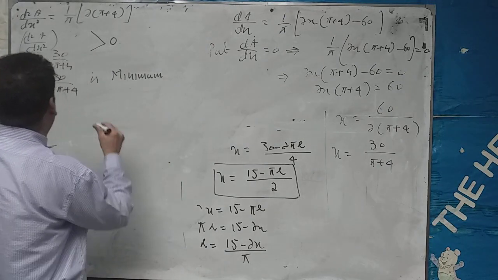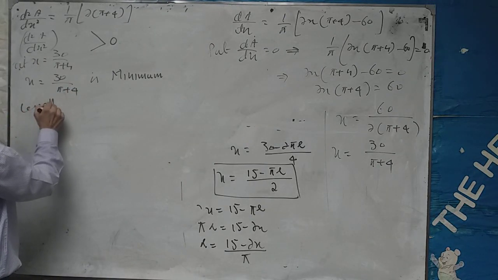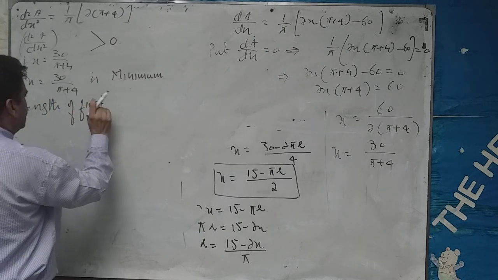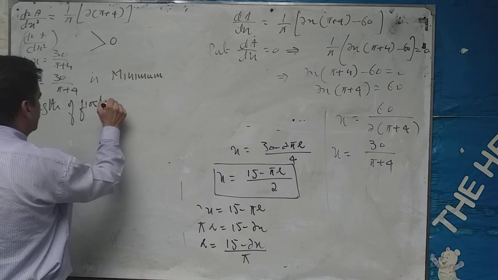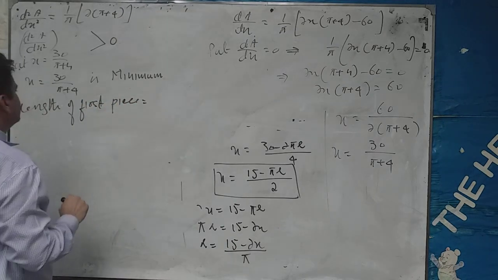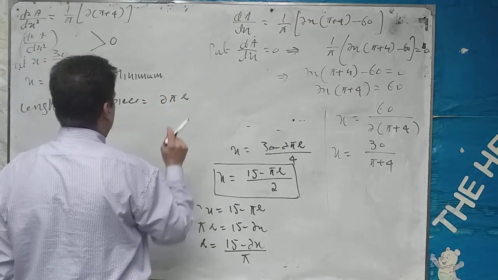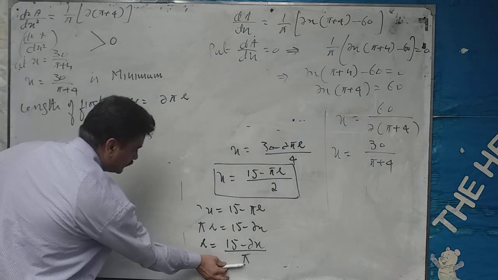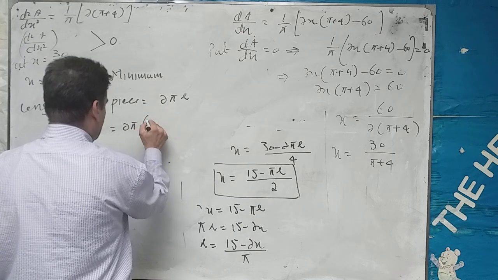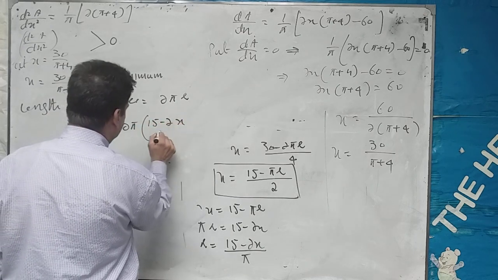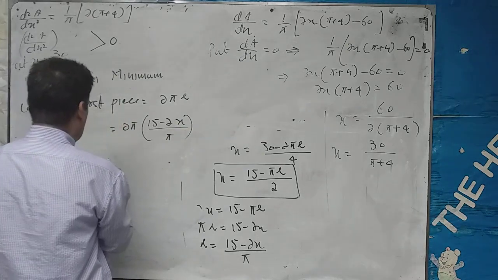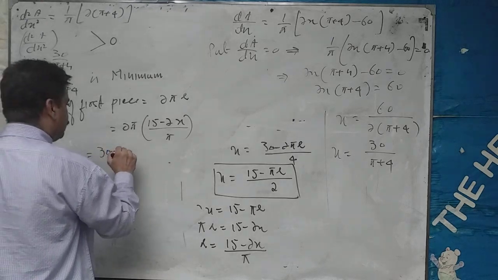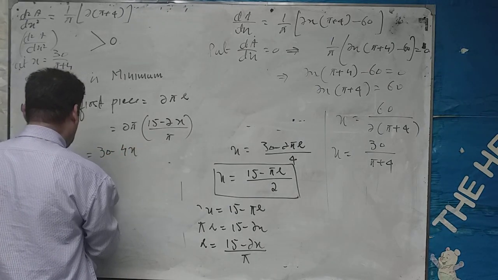Length of first piece, which is 2 pi r, and the value of r is 15 minus 2x divided by pi. After cancellation of pi, we get 30 minus 4x, and we know the value of x.